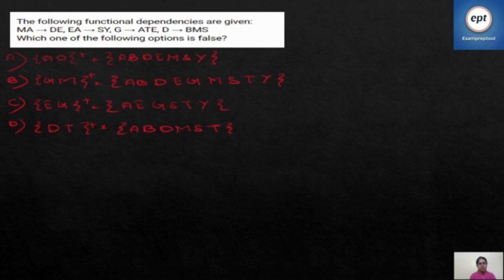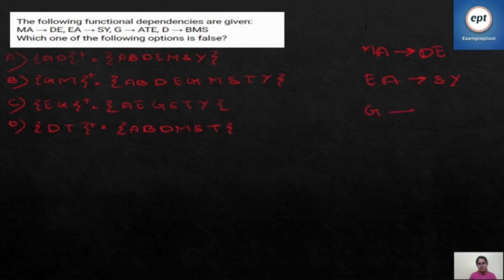So let's verify the options one by one. Let's write the dependencies and then we can solve the problem. MA is deriving DE, and EA is deriving SY.